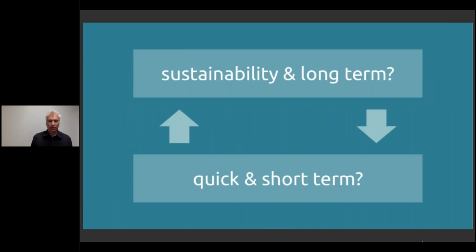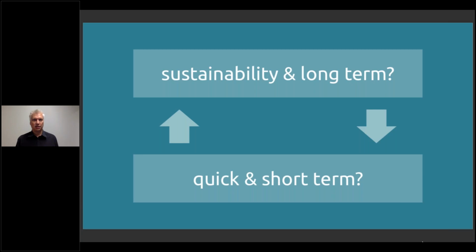And when we look at the two key aspects of ecosystem development, we have the sustainability and long-term perspective that we need to look after. On the other hand, we have the quick and short-term tests and new elements and learnings that we need to apply.